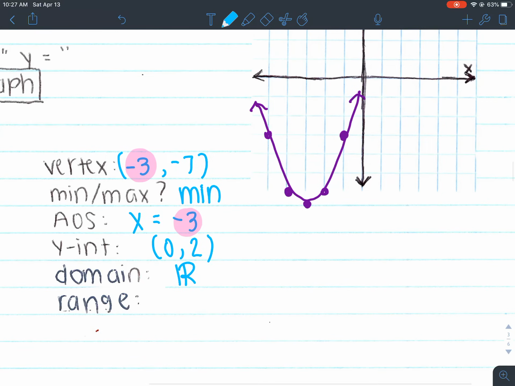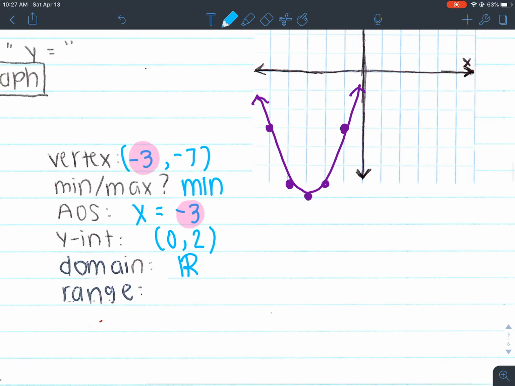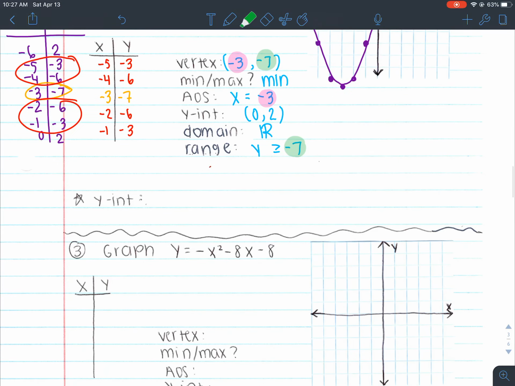And our range, so here, it opens up. So are you going to have y is greater than or equal to, or y is less than or equal to? You're going to have y is greater than or equal to, and it is always whatever the y value for the vertex is, so it'll be -7. See, not too bad. Range and domain should not be too bad. Domain is always all real numbers for quadratics. That was like a freebie for you, basically.